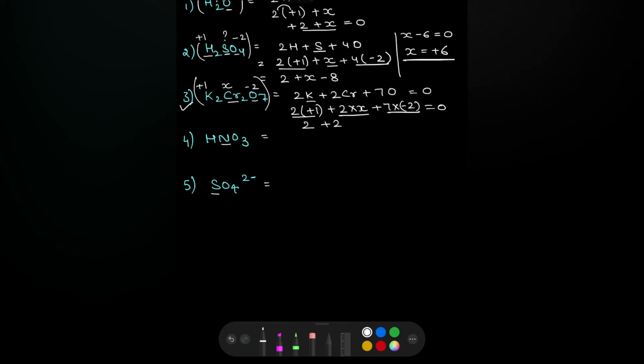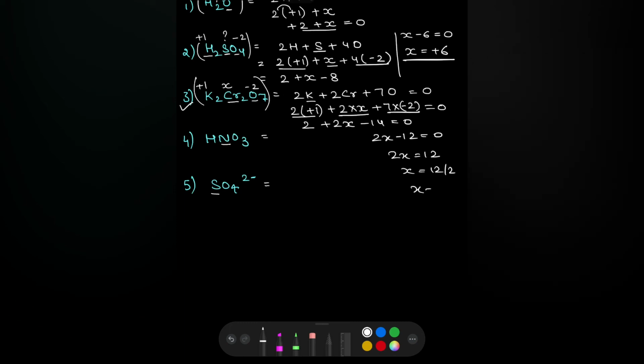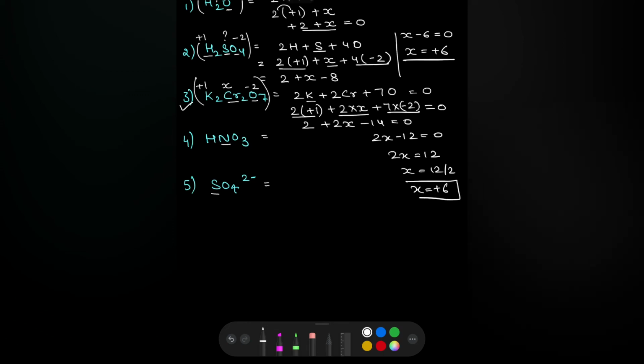Now we have 2x - 14 equals 0, and 2x - 12 equals 0, 2x equals 12, then 12 by 2 we have +6. So the oxidation number for the chromium here is +6.